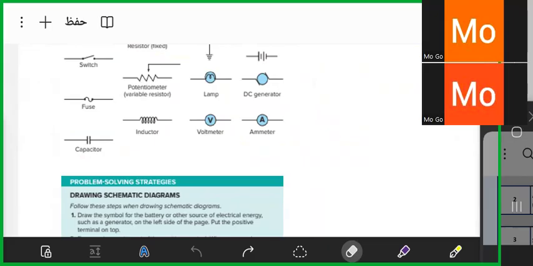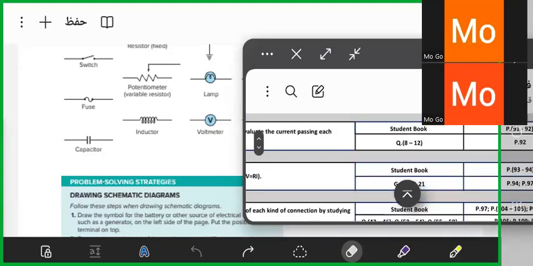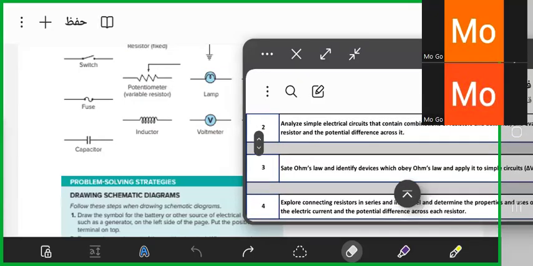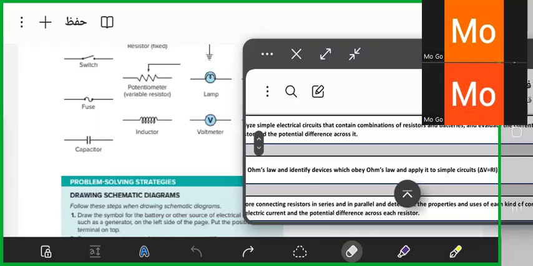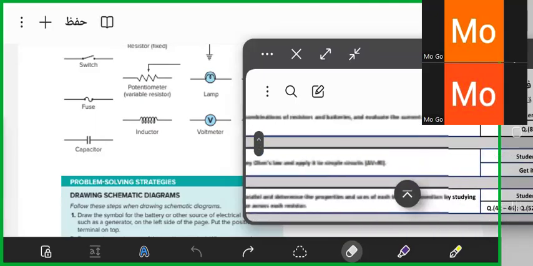We had mentioned this drawing before, if you remember, in the previous video. So he needed us from question 8 to question 12, page 92. So we had finished this before. So your first video contained question number 1 and question number 2. Okay. If you need any repeat, tell me in the comments, inshallah.